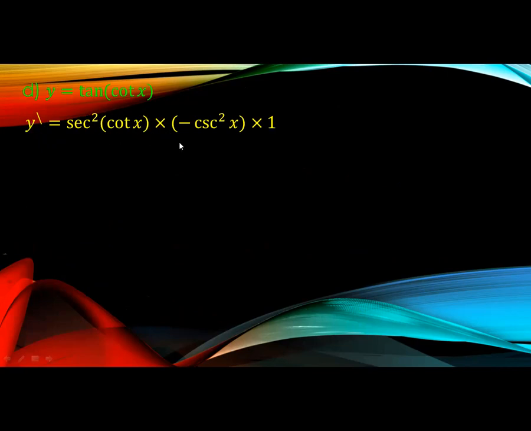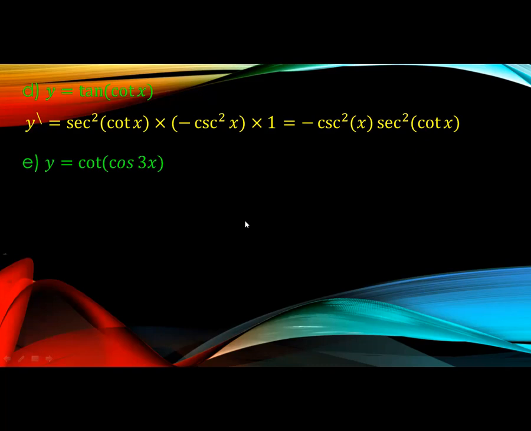The derivative of cotan x is negative cosec square x. And we can simplify the result, it is equal to negative cosec square x times sec square, and its angle is cotan x.